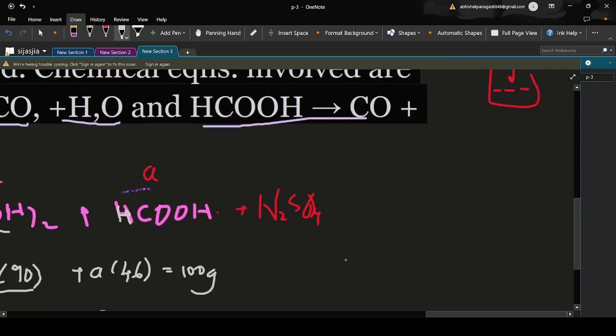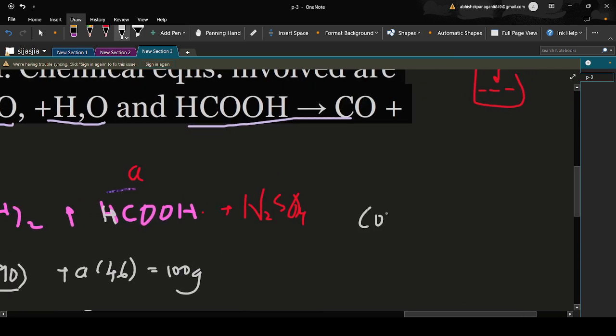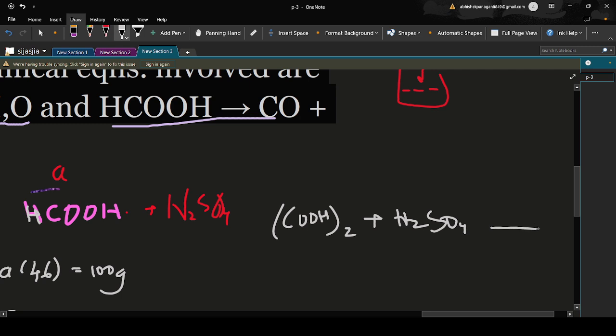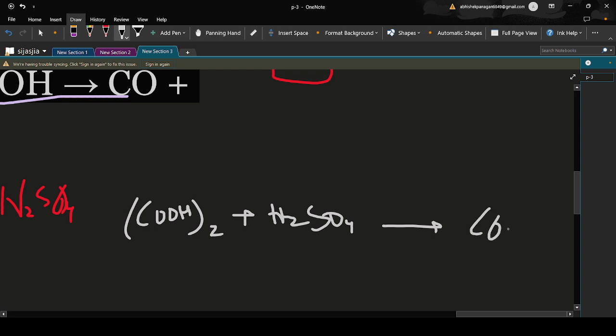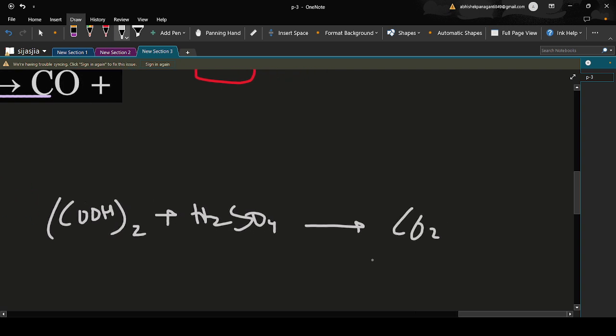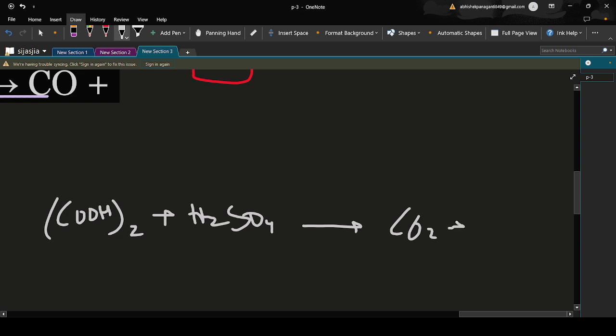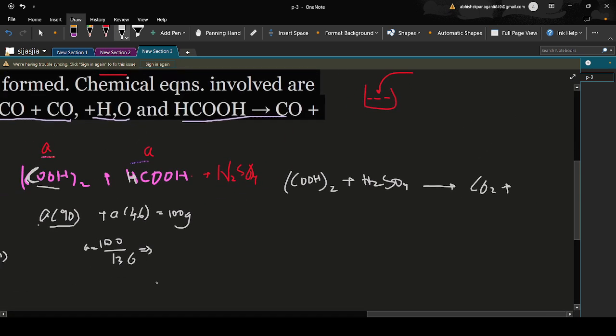So if you write the individual reactions of this, COOH taken twice plus H2SO4 produces some amount of CO2.